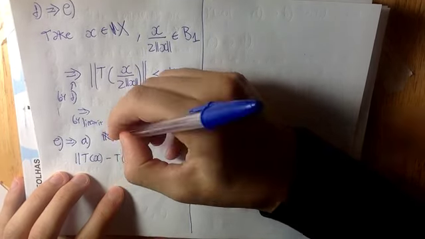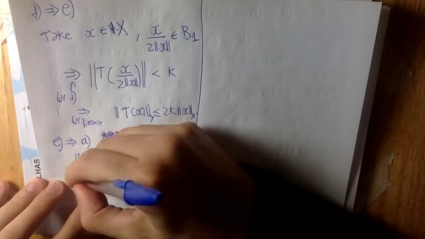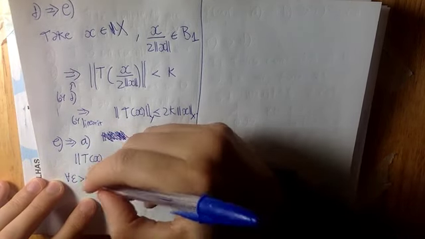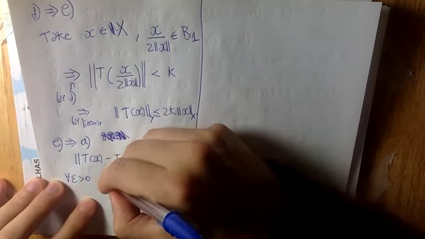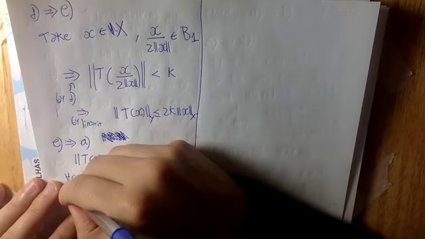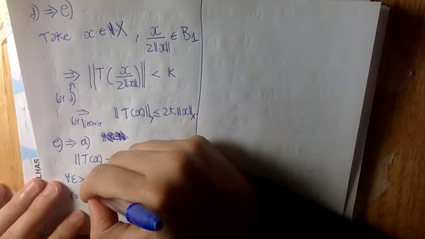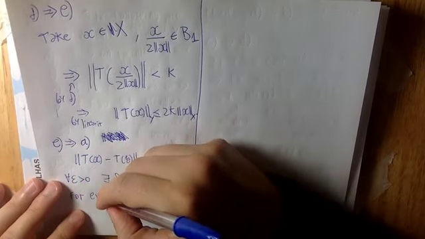If we want uniform continuity, we need that for every epsilon positive, there exists delta epsilon positive such that for every x, y with the norm of x minus y less than delta, the norm of T of x minus T of y is less than epsilon.